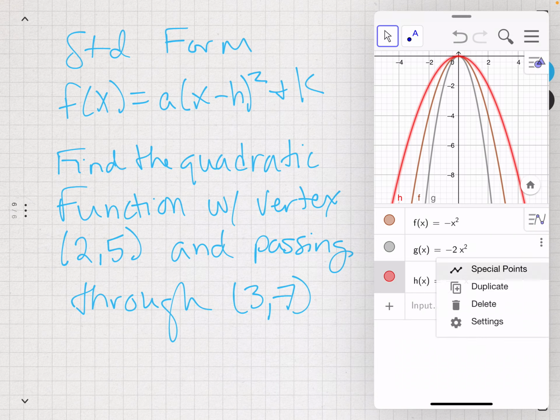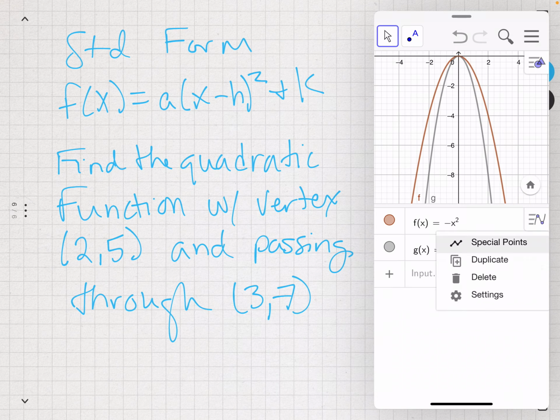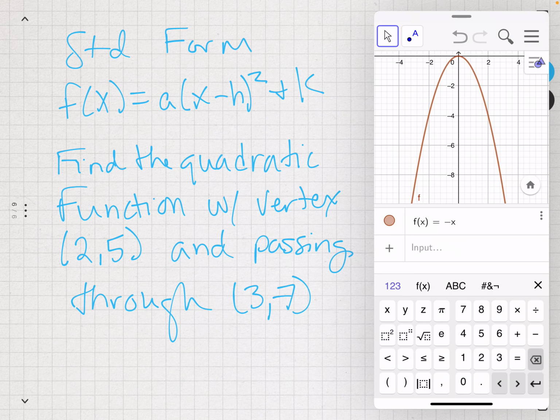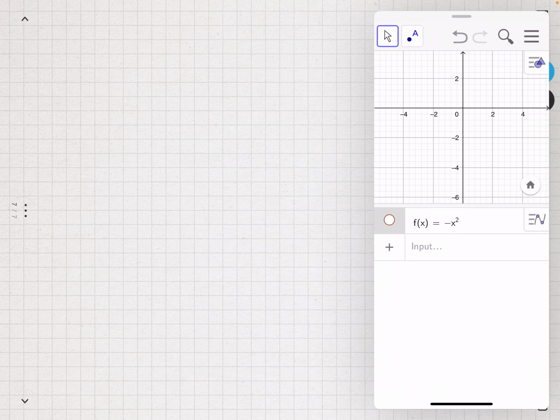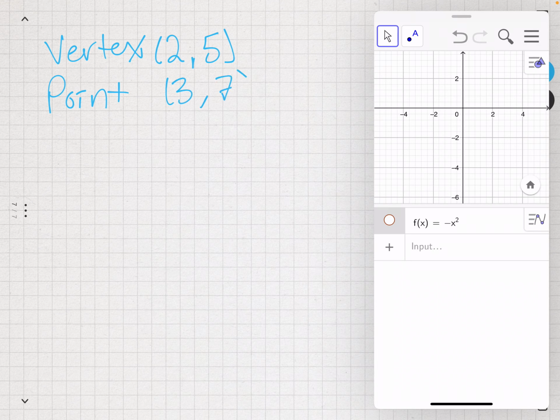And so I'm going to go ahead and clear these graphs, because I'm going to graph this when we finish, and we'll see if what we get makes sense. So I'll hide that graph, and I'm going to move to the next slide so I have more room to work. So we know the vertex is (2, 5), and a point is (3, 7).